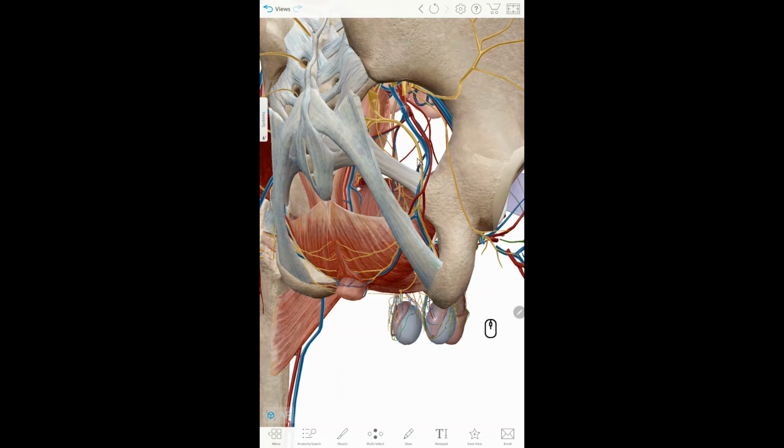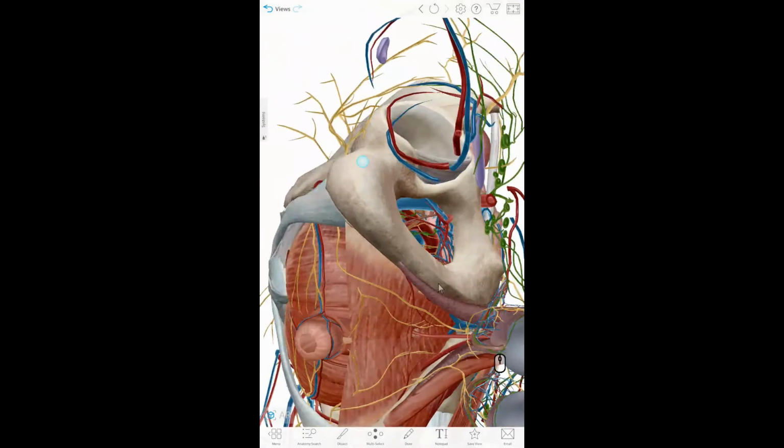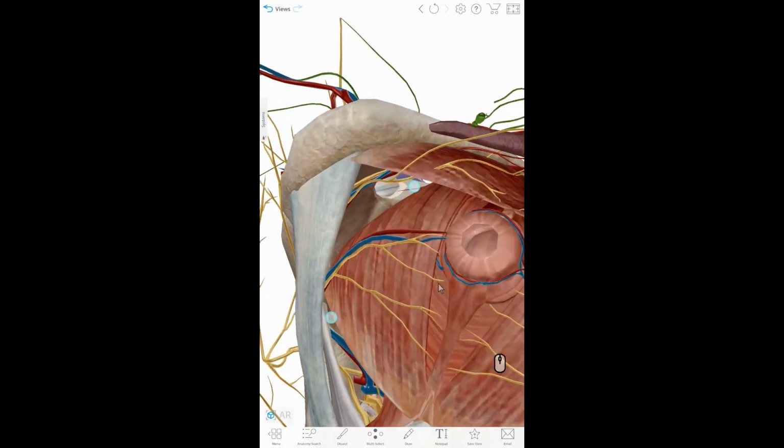This is the pudendal nerve, this is the internal pudendal vein, and this is the internal pudendal artery. So these three structures first pass through the greater sciatic foramen, then the lesser sciatic foramen, and enter the perineal region.